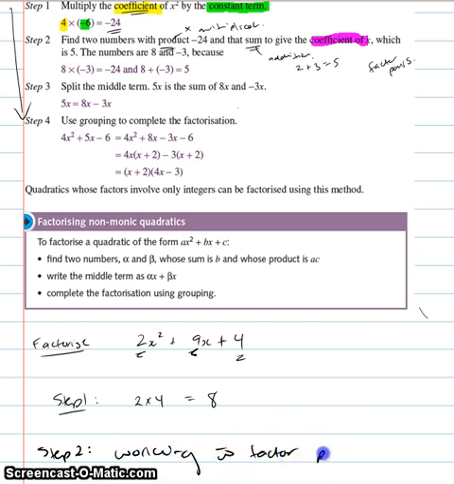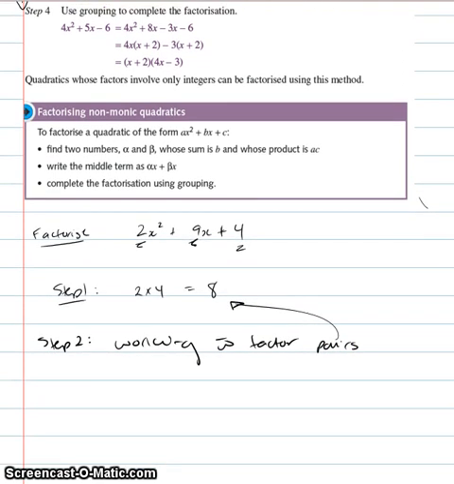That means numbers that multiply to give 8, and then we also want them to sum to 9. So we look at the factor pairs of 8. Positive 8 can be 1 and 8, or negative 1 and negative 8, because 1 times 8 is 8, and negative 1 times negative 8 is positive 8. The other one is 2 and 4, or negative 2 times negative 4 would also give me 8.